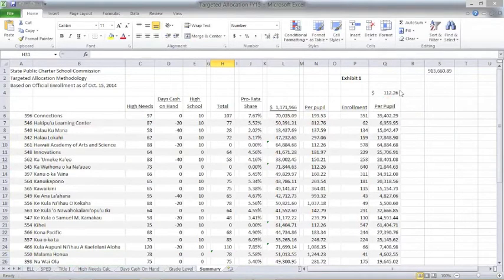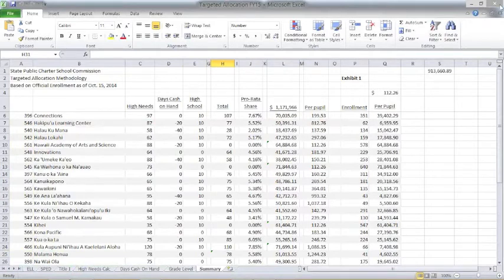The caveat, though, is if your per pupil amount becomes lower than the per pupil amount if it were to be distributed on a per pupil basis, you would at least get the per pupil amount.